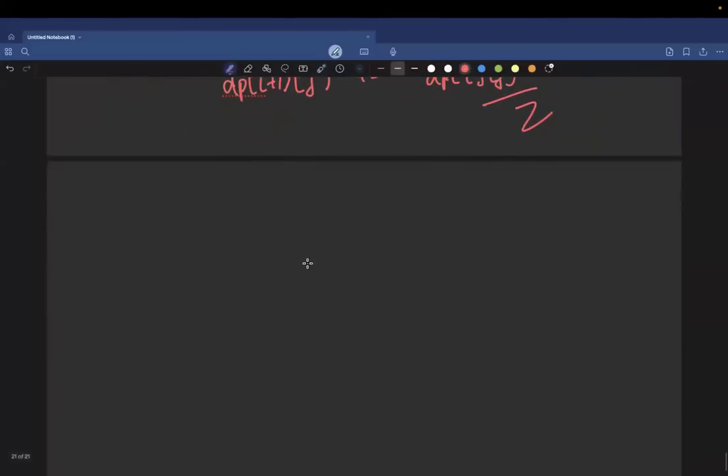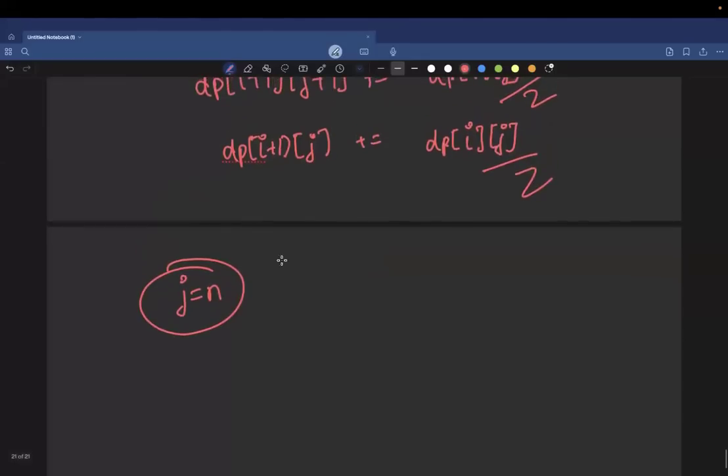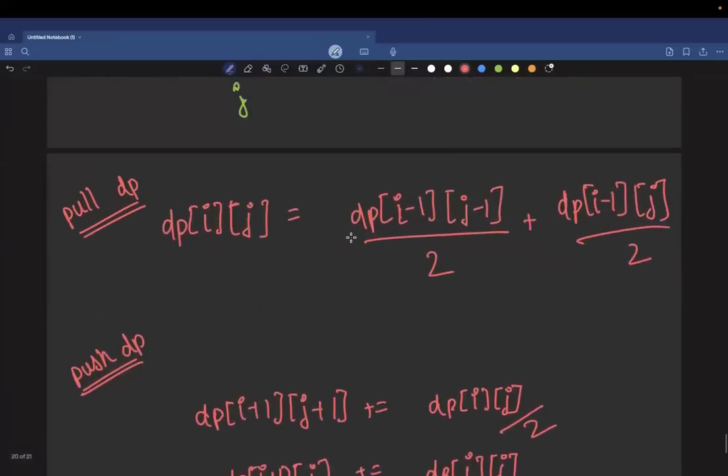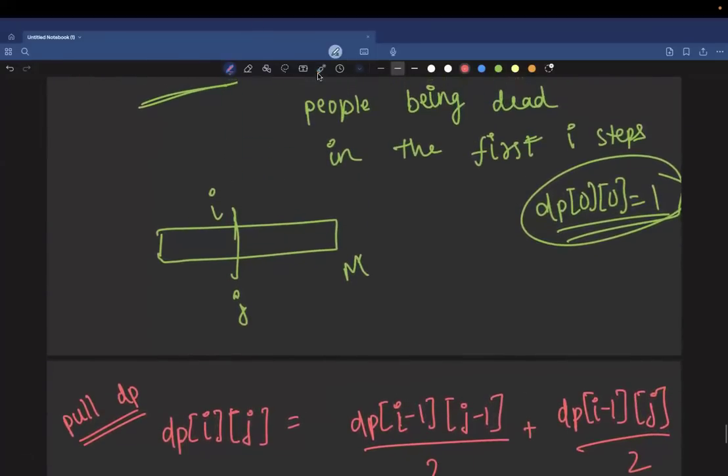Similarly, there is a case that, let's say if j is equal to n, let us say that among the first i steps, all the people are already dead.